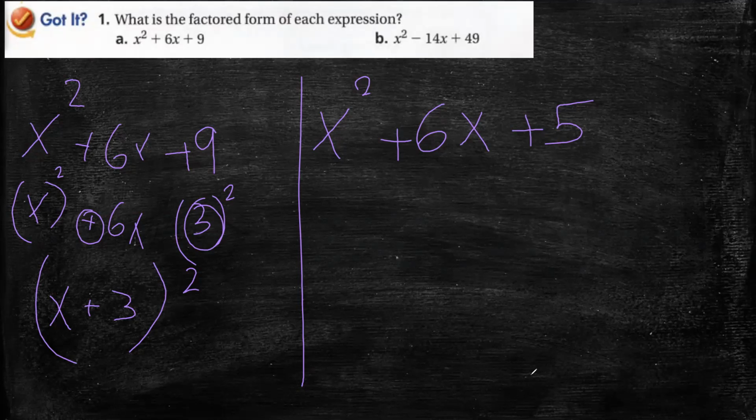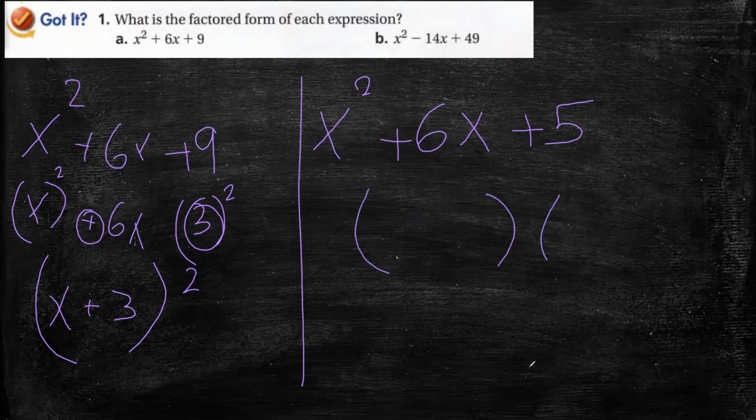Look at the second one here. The first term, yes, it's a perfect square, plus 6x. But look at number 5. Is number 5 a perfect square? No. So I will not use this way. I will use the way that we learned before, which we talked about before.